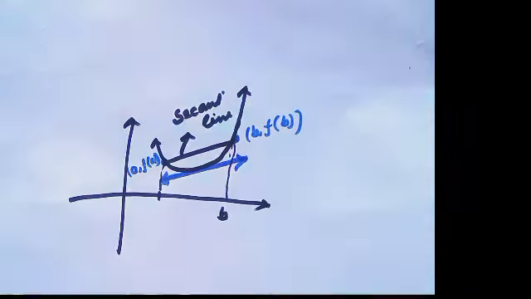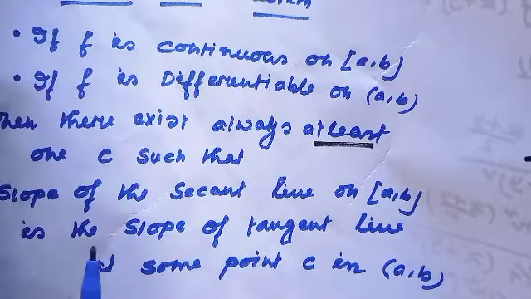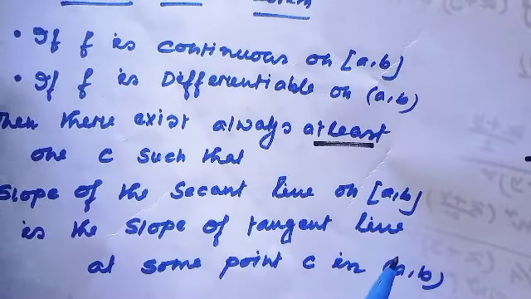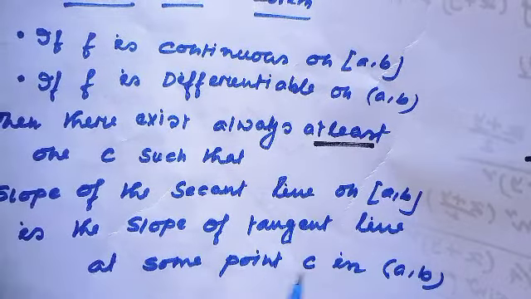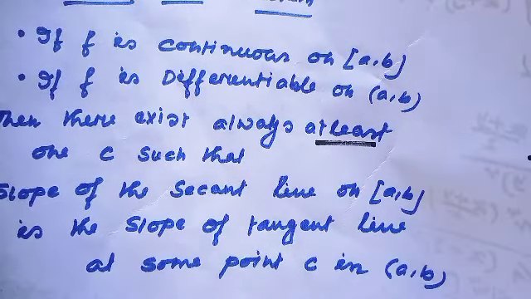So, the mean value theorem states the slope of the secant line on the closed interval AB is equal to the slope of the tangent line at some point C in the open interval AB.